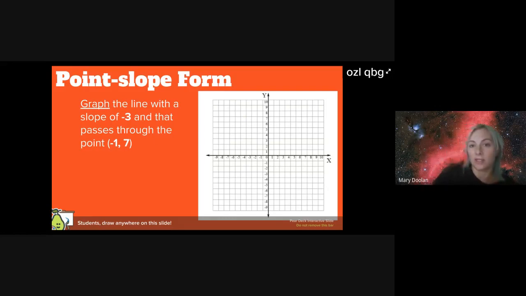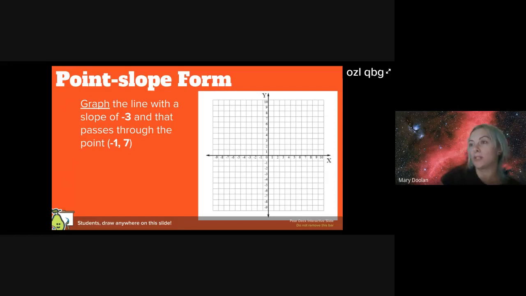Okay, and so I'm going to give you some time right now to work on just this slide. Okay, let me give you guys 5 minutes. I'm going to give you to 2:20 to work on this slide specifically. All right, and you're going to use those steps. So plot the point that's given, then you're going to use the slope to plot more points, and then you're going to draw the line.